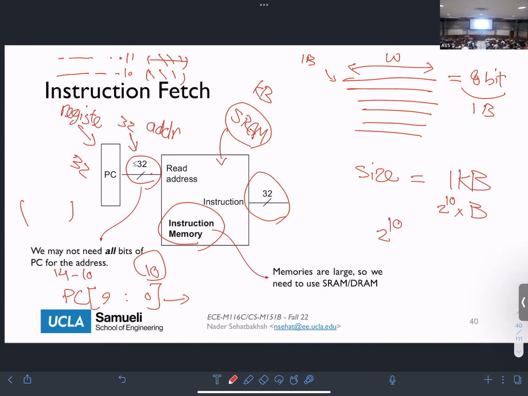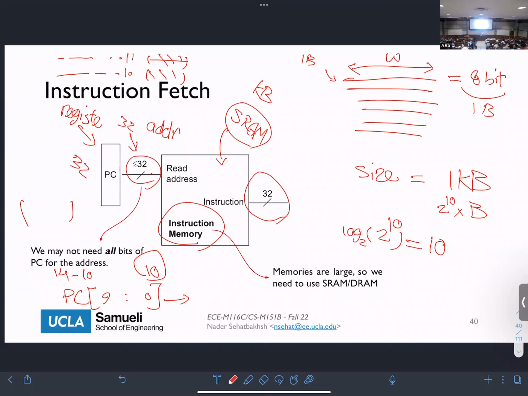For addressing 2 to the power of 10 lines, how many bits do we need? We need log 2 of that, and in this case it means 10. So you need 10 bits to address 2 to the power of 10 elements. Each element is 1 byte. How many instructions does this include?